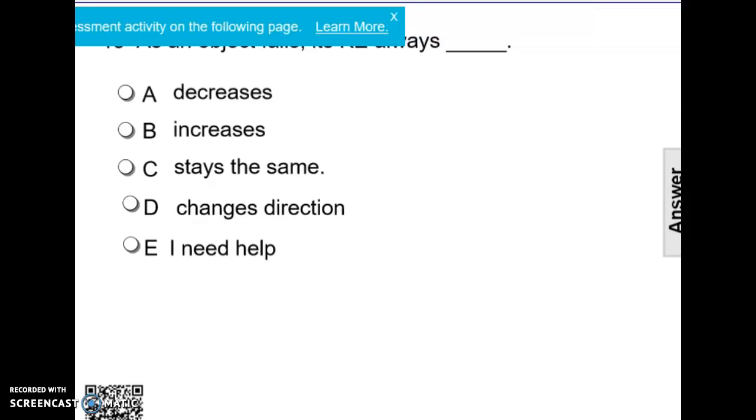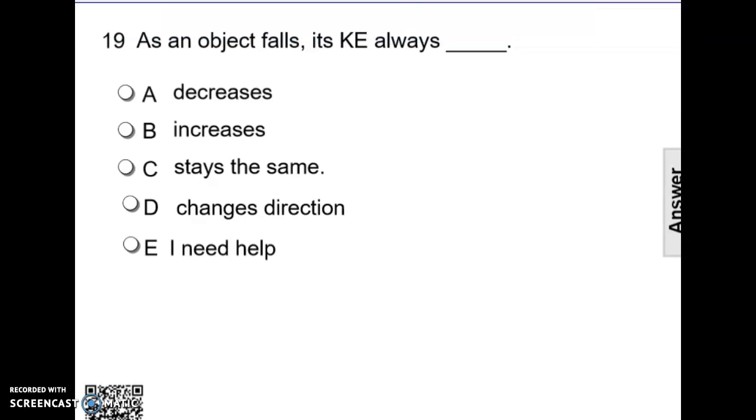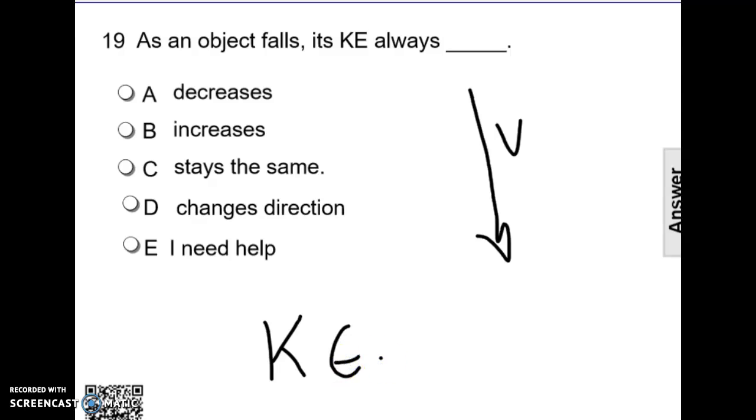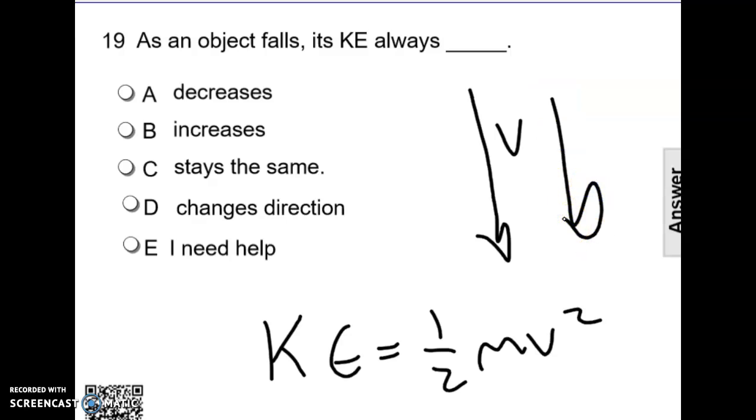Okay, so we'll look at our first question. We're going to see that as an object falls, KE always. Let's think about this. If an object is falling downward and it has a velocity, it's going to get faster and faster. If kinetic energy is equal to 1/2 mv squared, as it falls downward, it's going to get faster and faster, so the velocity will increase.